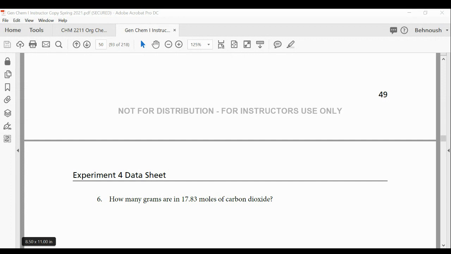So if it's FeCl2, because we know that chlorine is 1 minus, and since it takes 2 chlorines to cancel the charge for Fe, Fe must have been Fe2 plus in this case. That's how we know the charge.